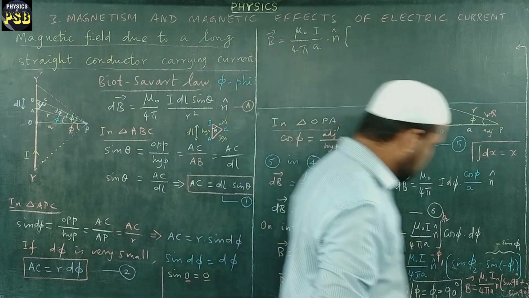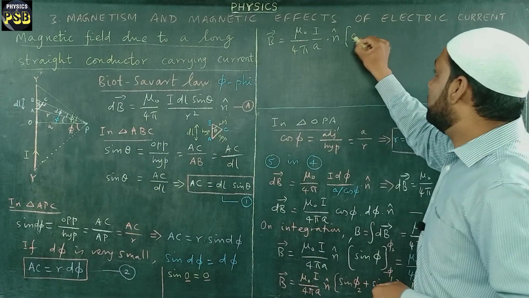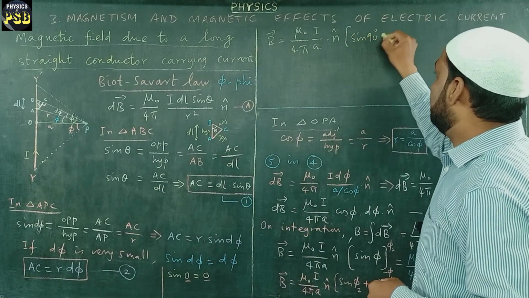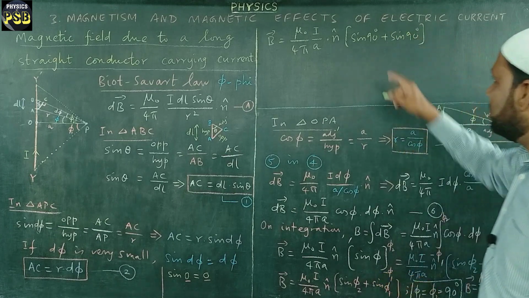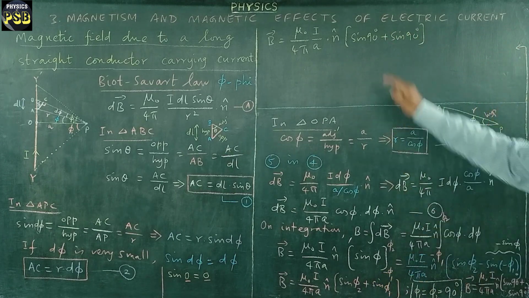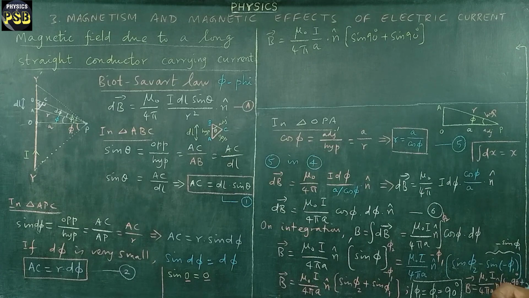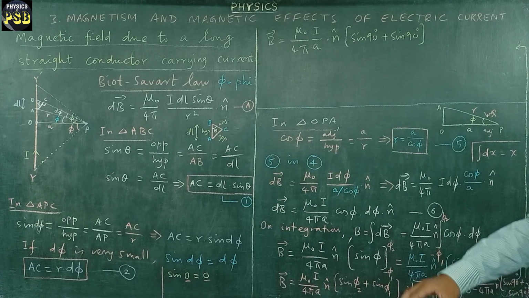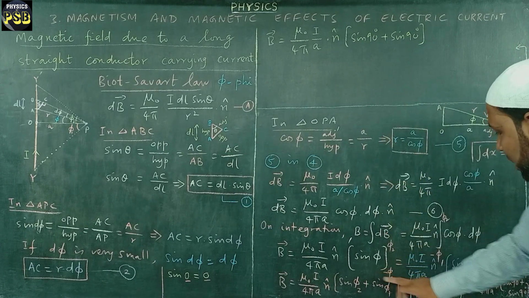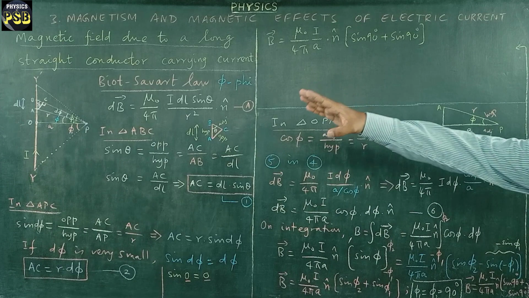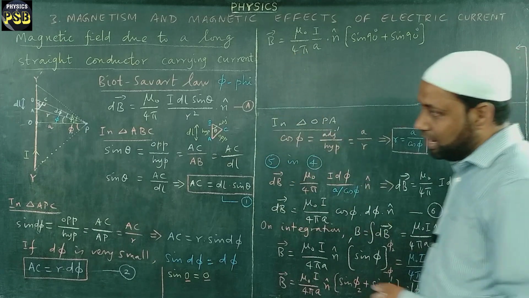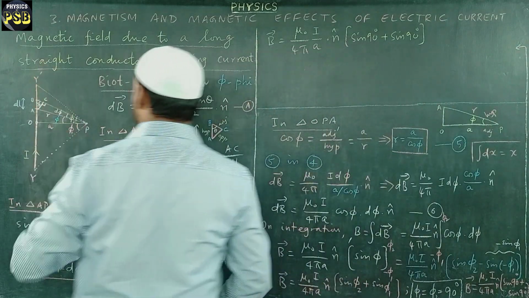Then within the bracket, write the sine of 90 plus the sine of 90 degrees. Here I have told you why we get 90 degrees. Your φ1 and φ2 will become 90 degrees as we keep increasing the length of y dash.